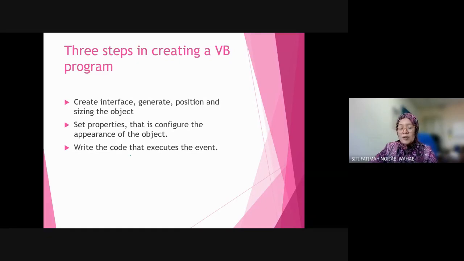Name of the text box macam patutnya text box tu you dah namakan text num1 kan. Tapi untuk yang kedua, ketiga sampai ke 10 sekalipun, dia takkan automatic num2, num3 tak. Dia akan balik text box 1, text box 2, text box 3. Okay. And then the third step is to write the code that execute the event.